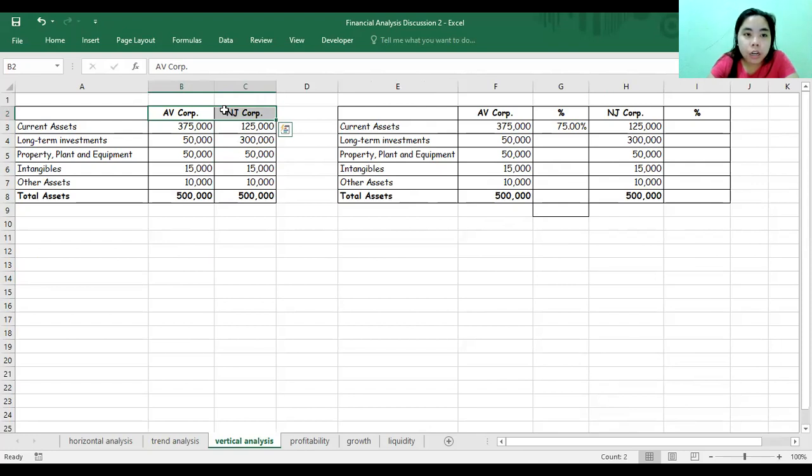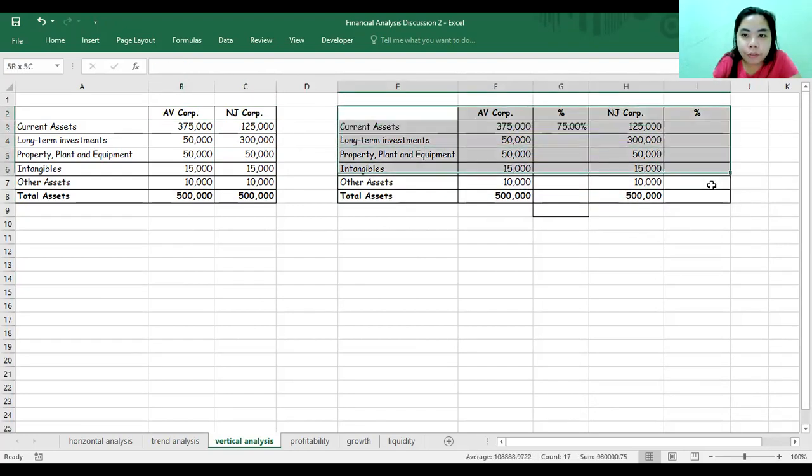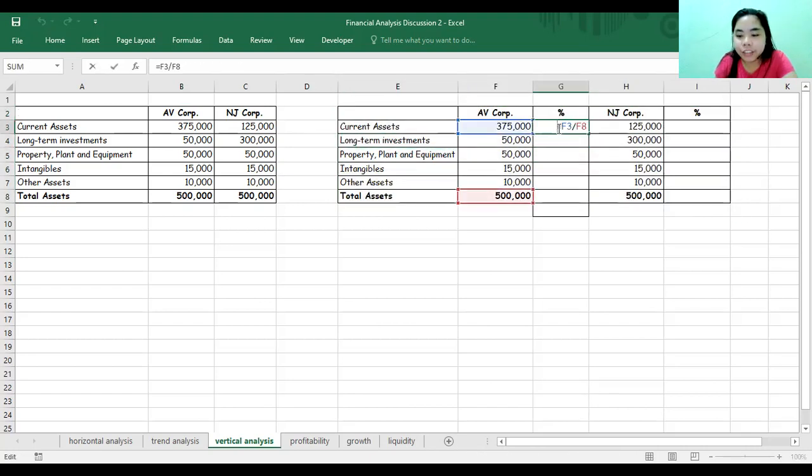So in here we are comparing 2 different corporations when it comes to their current assets, long-term investments, PPE, intangibles, and other assets. So here is where we are going to perform the vertical analysis. I have here the first starting point. Our base account is our total assets.